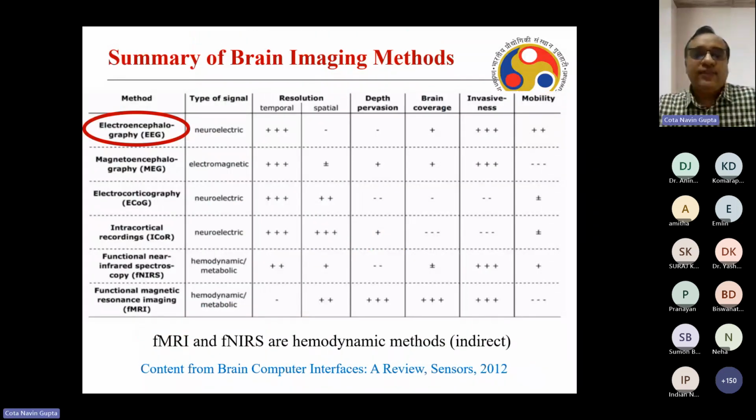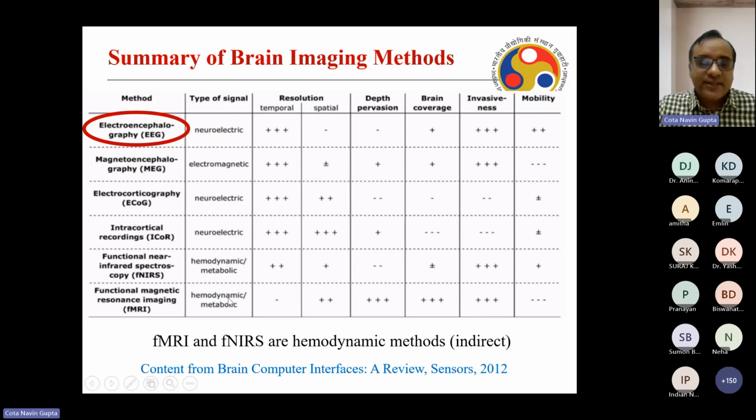Yeah, so this is sort of the summary of the brain imaging methods: electroencephalography, magnetoencephalography, fMRI and fNIRS. The type of signal recorded is neuroelectric for electroencephalography, and also for the ECoG. For fMRI and fNIRS, it's the changes in blood flow.